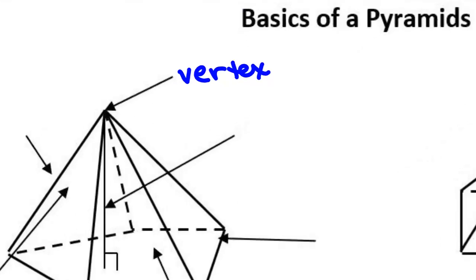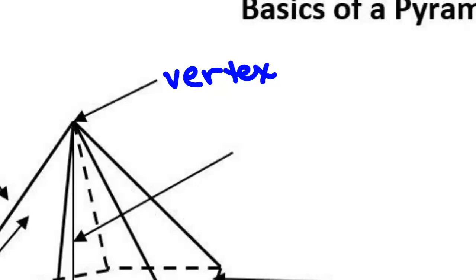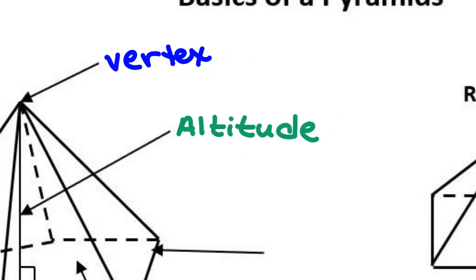Going from the vertex right down to the center of the base is the altitude. This is the height of the pyramid, and it's perpendicular to the base.